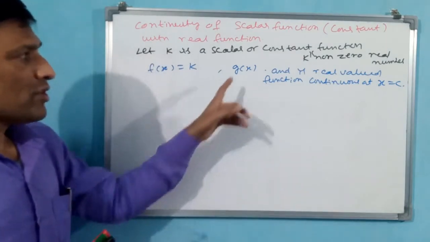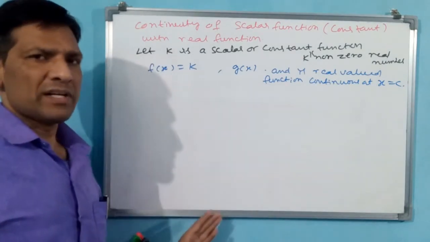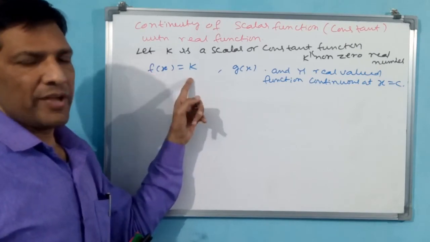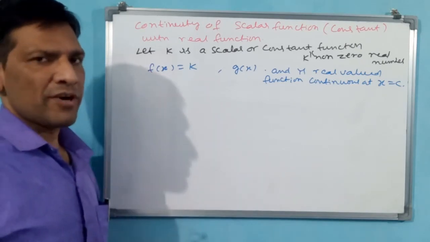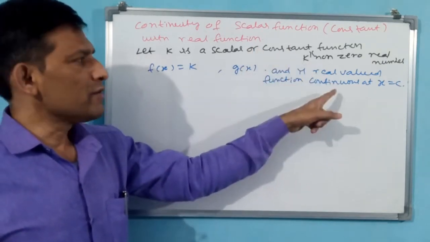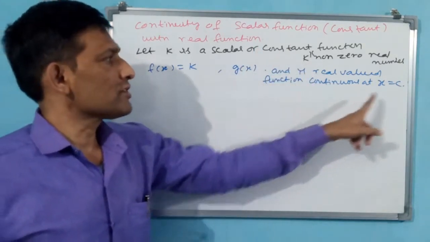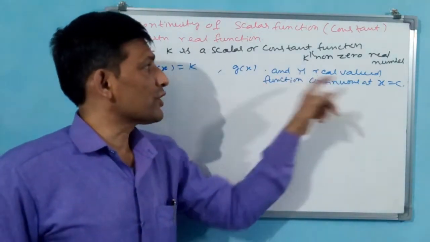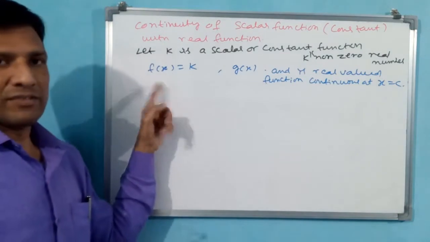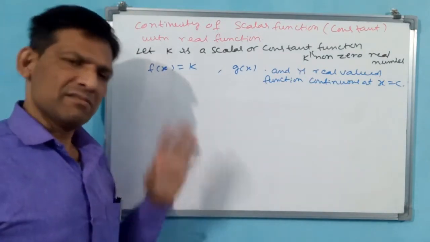See, the continuity of f of x equal to k, we have already seen. We don't think about the continuity of this f of x, because k is always continuous. G of x I am talking about. G of x is a real valued function and it is also continuous at x is equal to c. For g of x continuity conditions may apply. For f of x, k, there is no condition, always continuous.